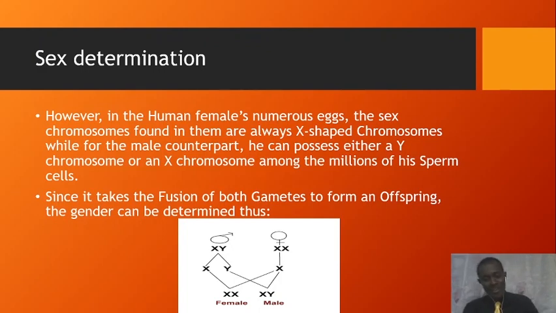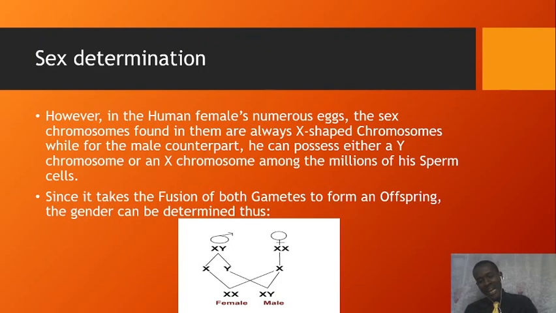Now, looking on your screen, you can see that the monohybrid crossing diagram is showing the male on the left-hand side of your screen and the female on the right-hand side. The male is the one that has an arrow on top of the circle, and the female is the one that has a cross sign below the circle.